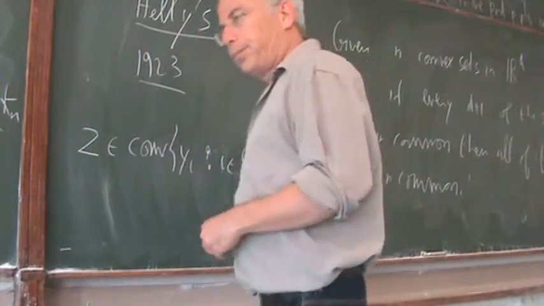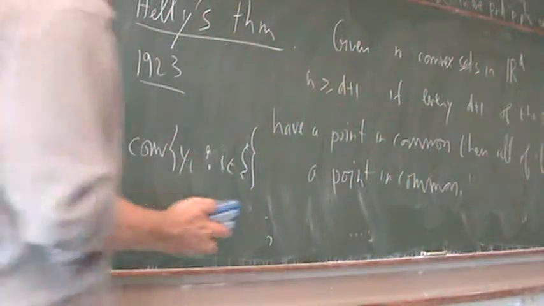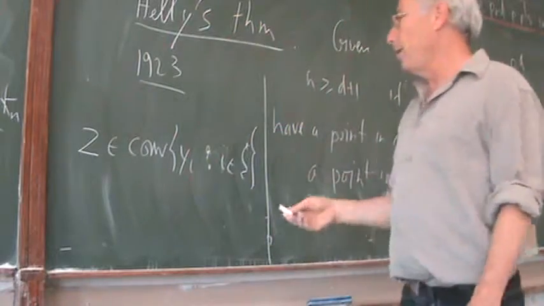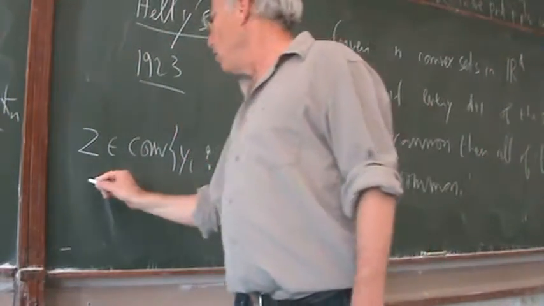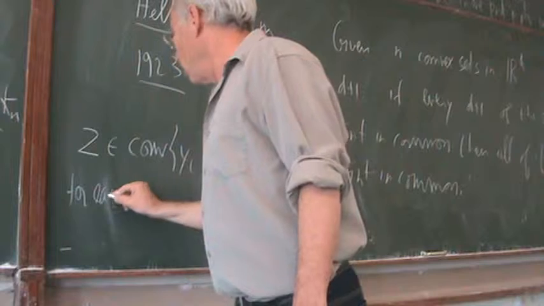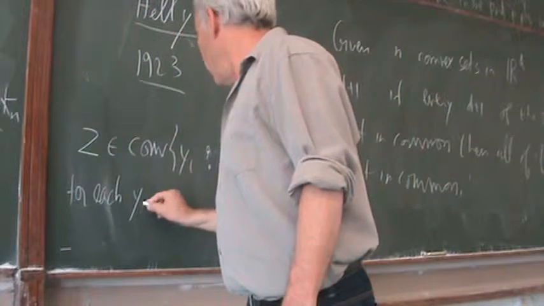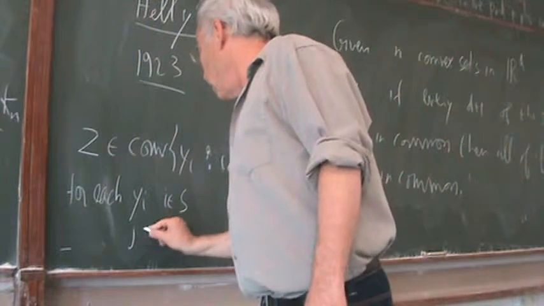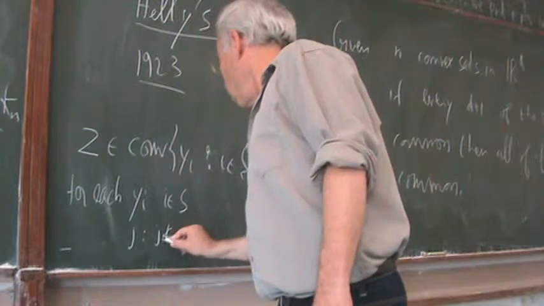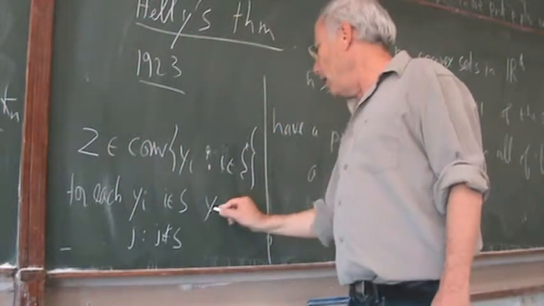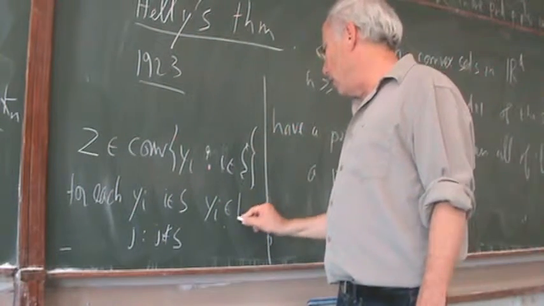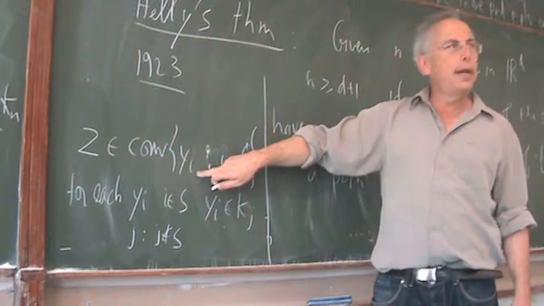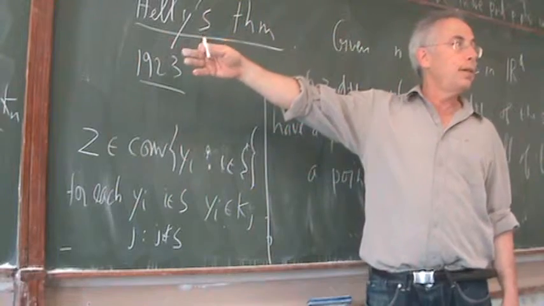What does it mean? This means that for each yi, i belonging to S, and j not belonging to S, yi is included in Kj, because the index of yi is the index of the set we omitted.